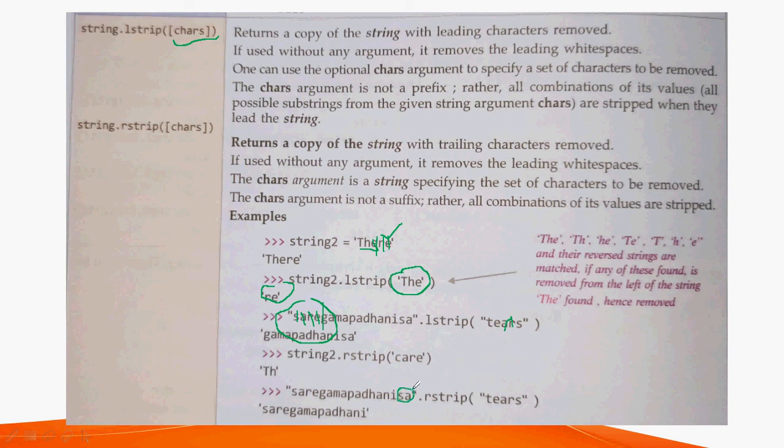From the given combination of letters only S and A are there. So that will be removed and the rest are kept. So L strip will trim the letters from the left side, or you can say the leading characters, and R strip removes the letters from the trailing side or from the right side.